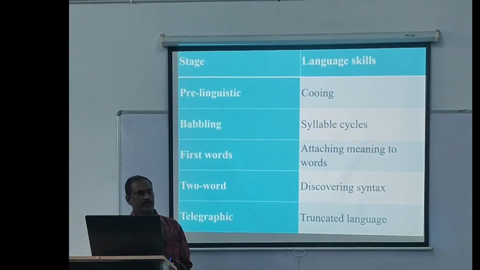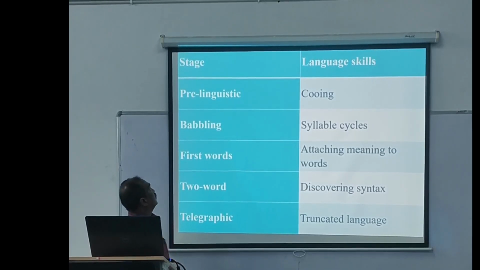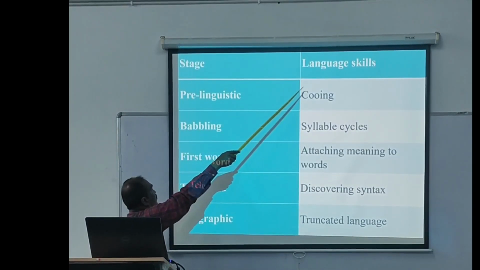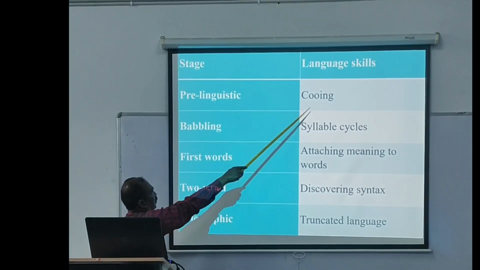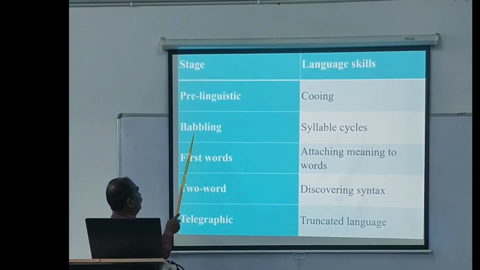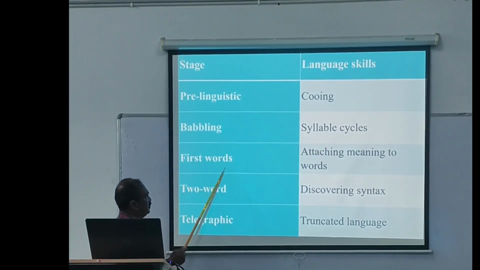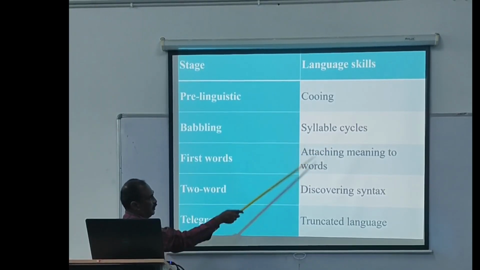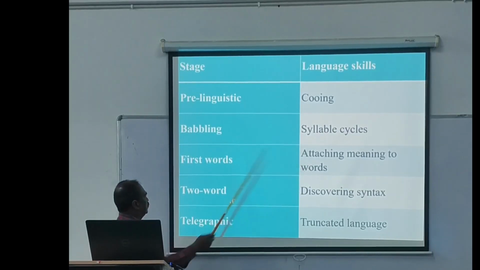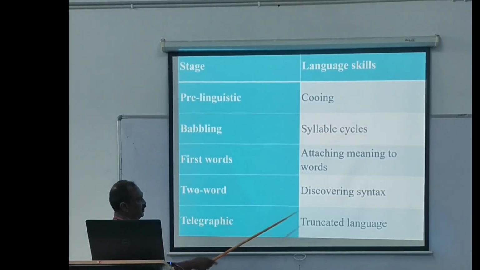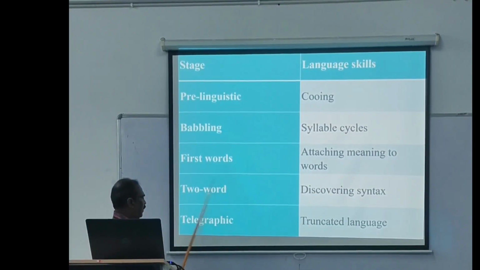If you see this picture, this is the stage and that is the language skill. Pre-linguistic, cooing we can say, then babbling, several cycles. First words, the child starts attaching meaning to words. Two-word stage, discovering syntax, and the telegraphic stage.